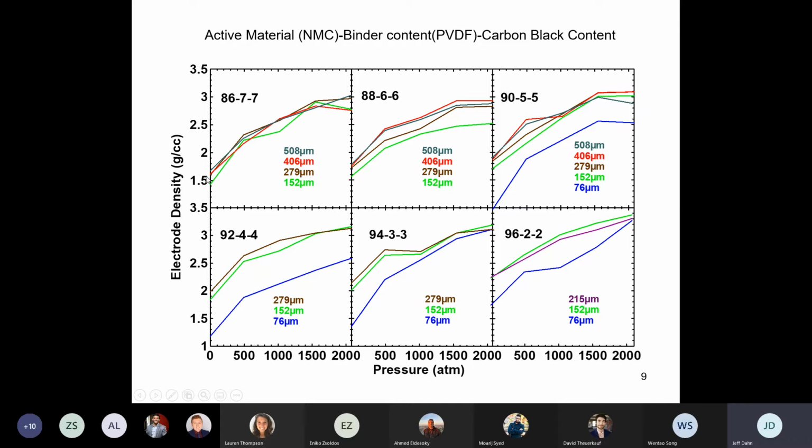So after coating, the density is around 1.5 grams per cc. And this is an electrode recipe that has 86% active material. It was NMC 111, 7% PVDF binder, and 7% carbon black.